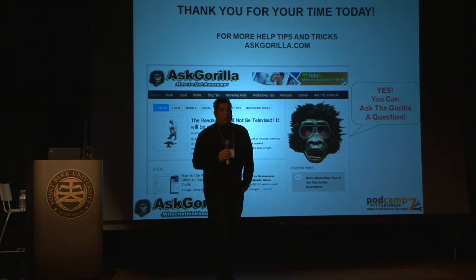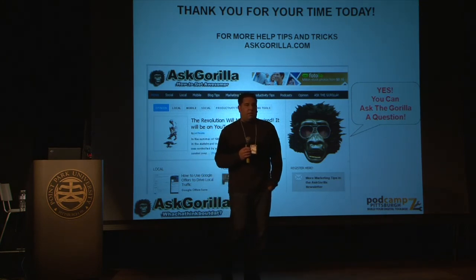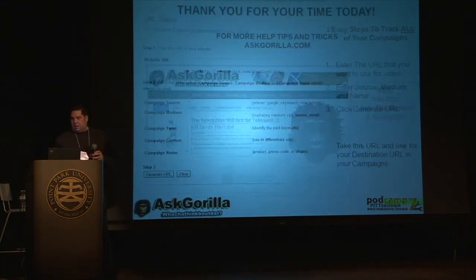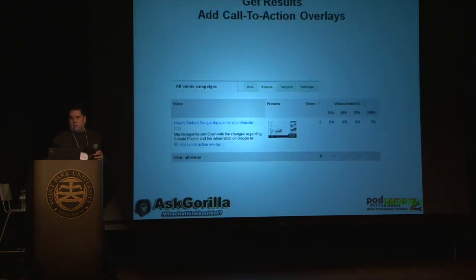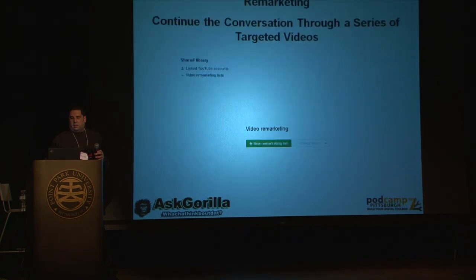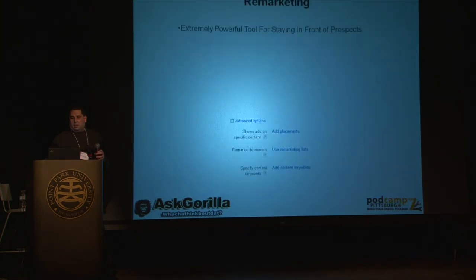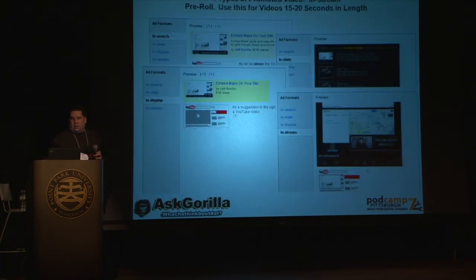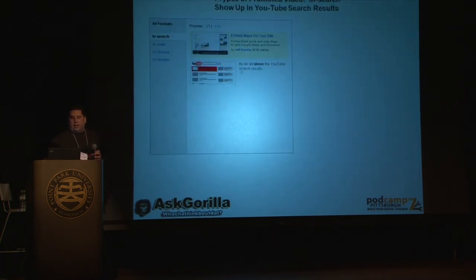Can you speak a little bit more in detail about the 4 types of videos and give some examples? Oh, sure. Let's go back. So yes, there's 4 types. The in search.